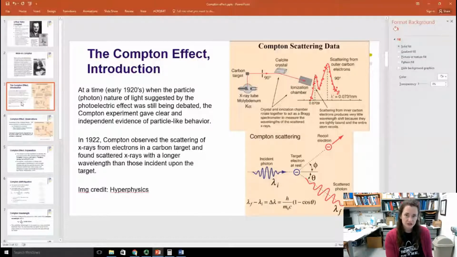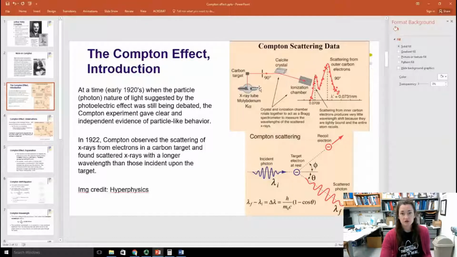In 1922, Compton observed the scattering of X-rays from electrons in a carbon target, and he found that those scattered X-rays had a longer wavelength than those that were incident upon the target. To describe his experiment a little bit, he used an X-ray tube which generated molybdenum K-alpha X-rays. Of course, an X-ray tube is just a filament that you pass a current through, and then that ejects electrons.